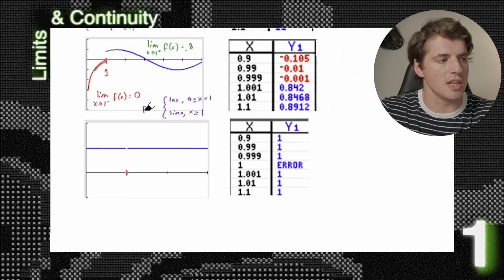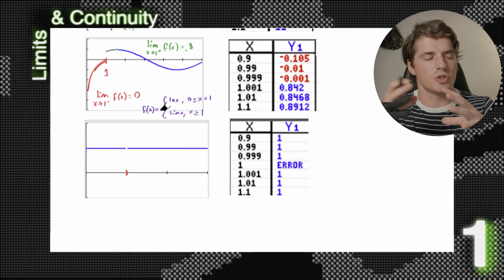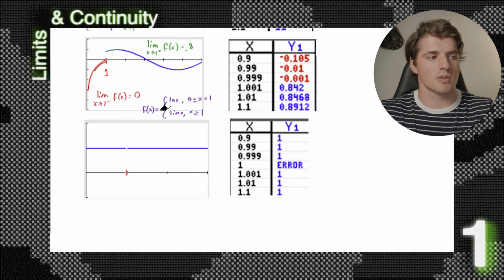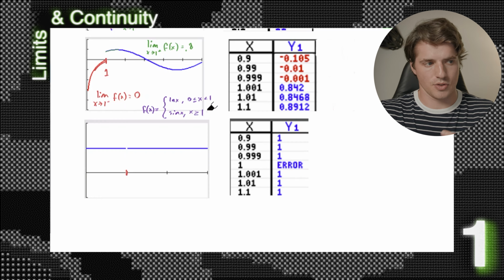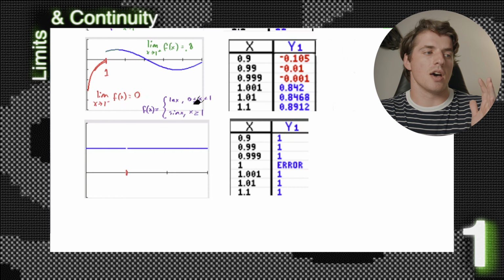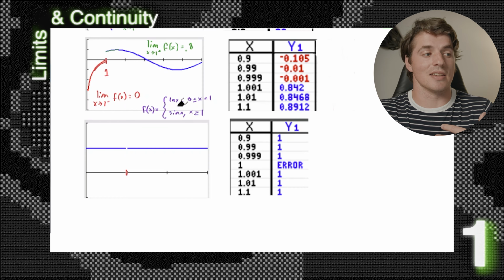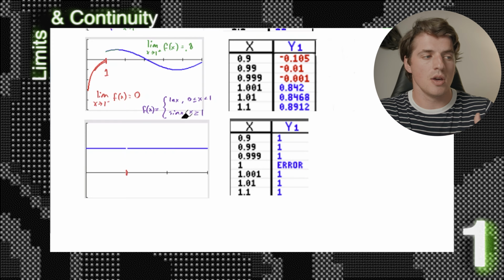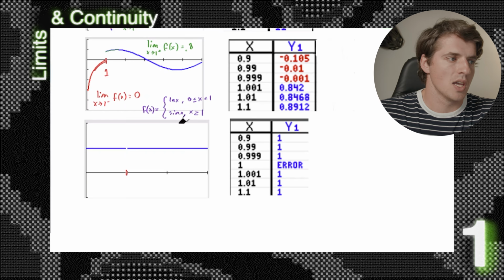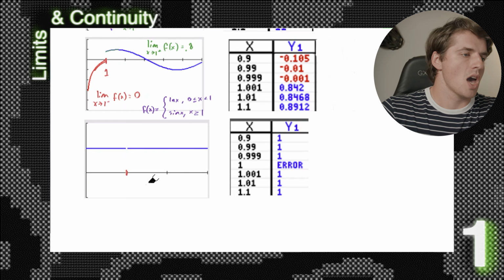So this is what's called a piecewise function, where we're given two different distinct parts of our function, which are only true for that domain. So when x is between 0 and 1, we're going to plug x's into ln x. And then as soon as x hits the value of 1, we plug it into sine of x. And that's how we get this kind of strange broken shape.